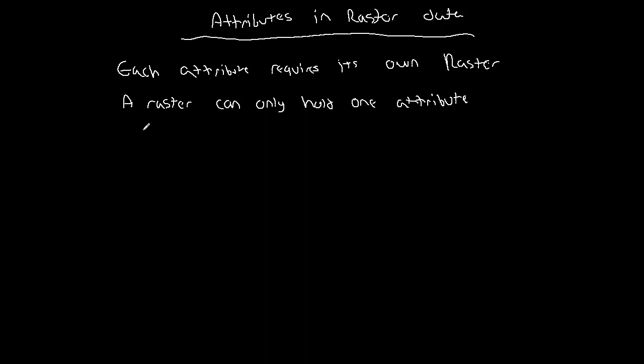A pixel can only hold one value. Okay? Let that sink in for a second. A raster can only hold one attribute. A pixel can only hold one value.